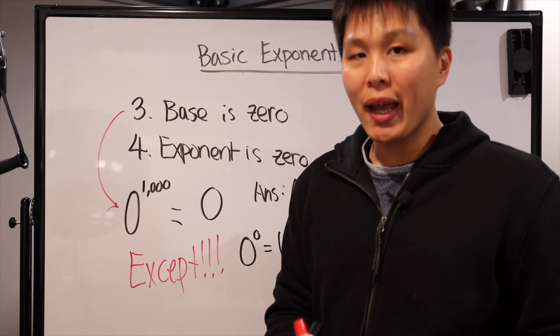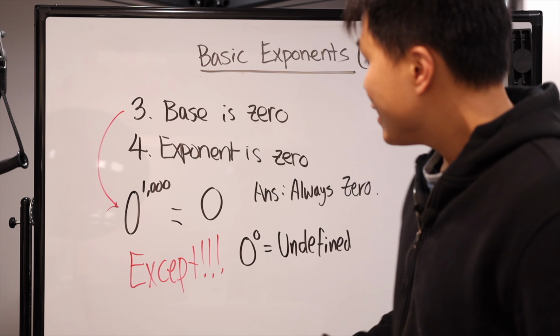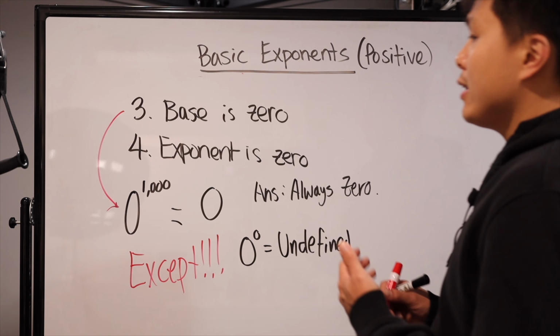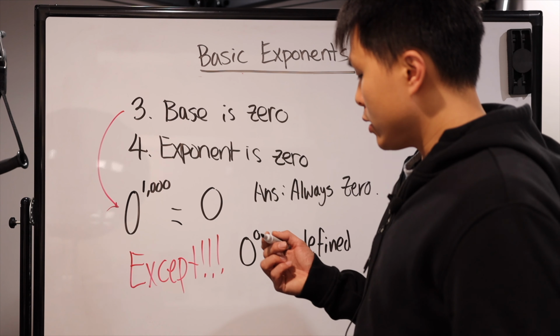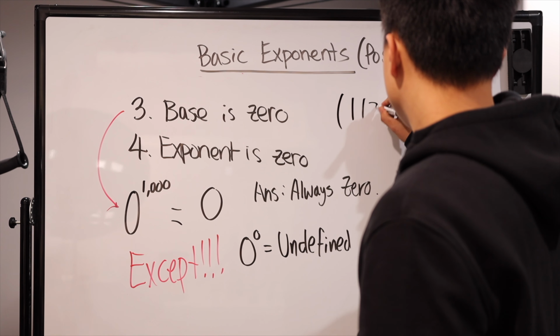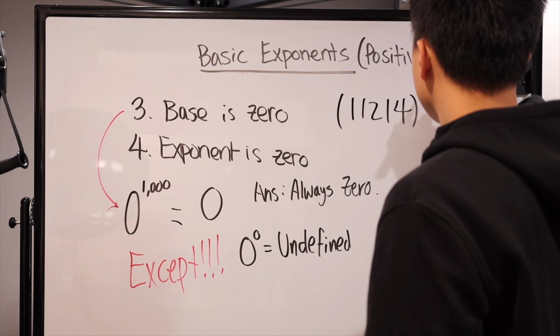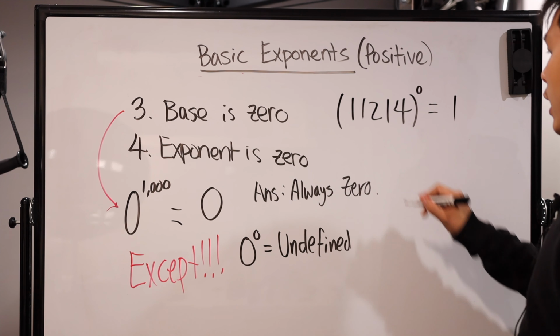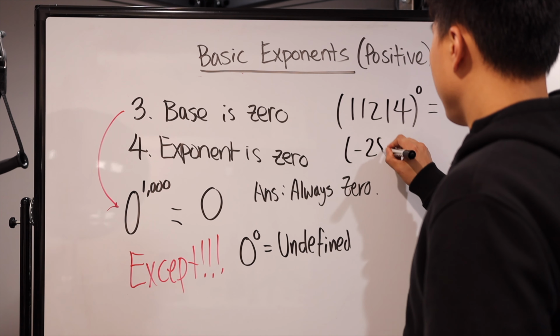Doesn't matter if the base was a positive number, doesn't matter if the base is a negative number, right? The answer is always going to be 1. So in this case, I can put 1,124, blah, blah, blah, to the 0 power. Answer is 1. I could do negative 256.